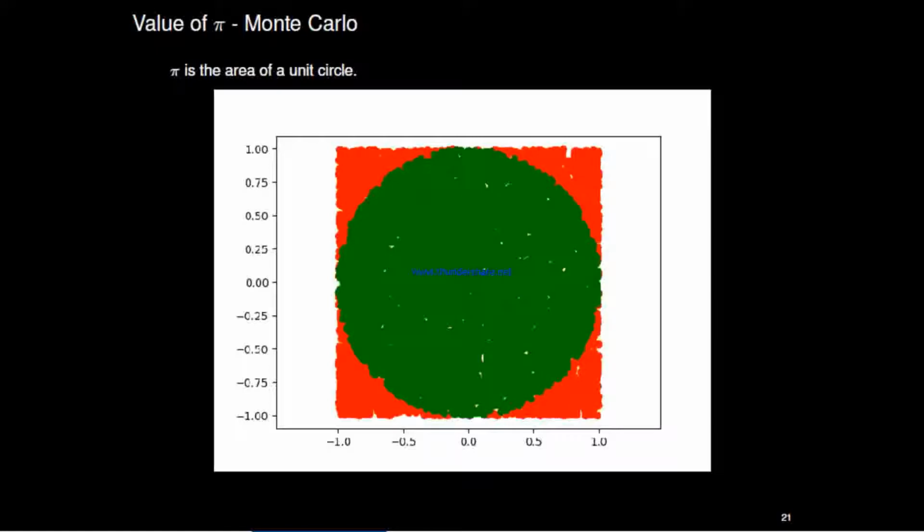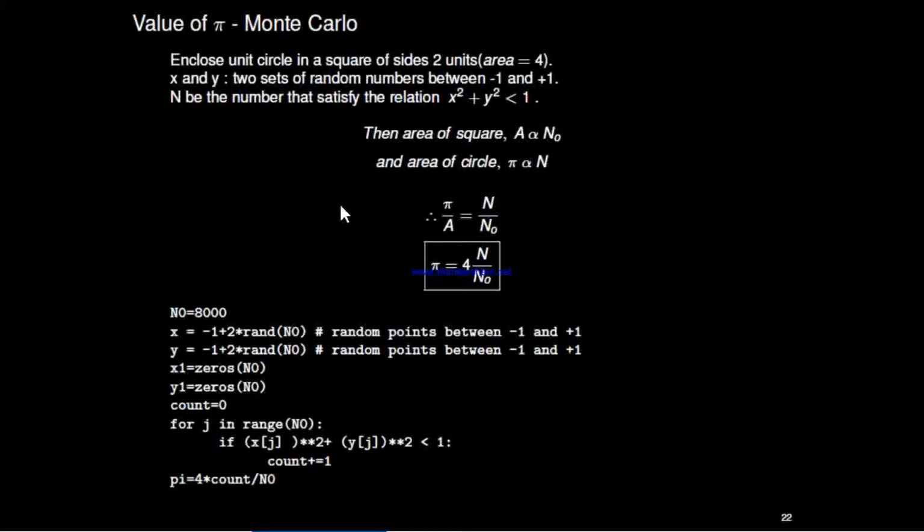Now the area of the circle is proportional to the number of objects inside it, and the area of the square is proportional to the total number. Now we can calculate these ratios and find out the value of pi. So we have seen, enclose a circle in a square of side 2 units.